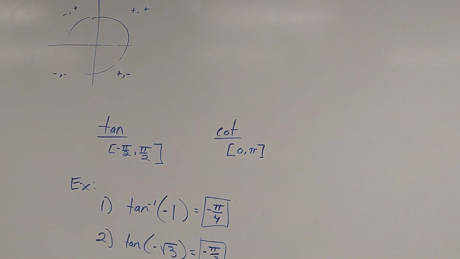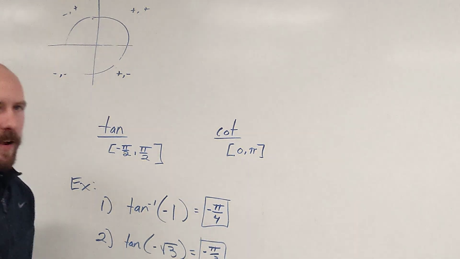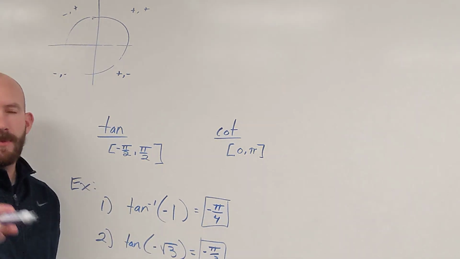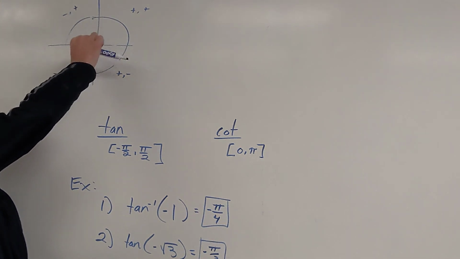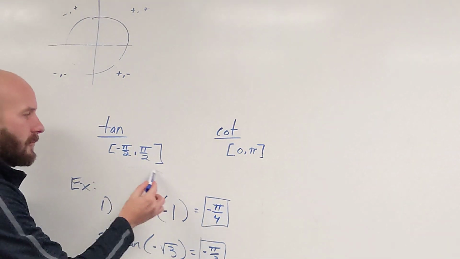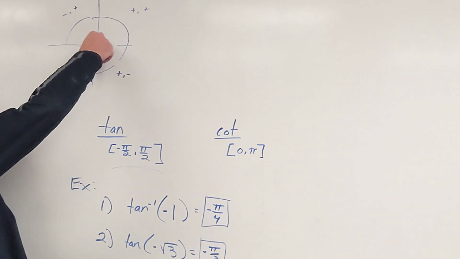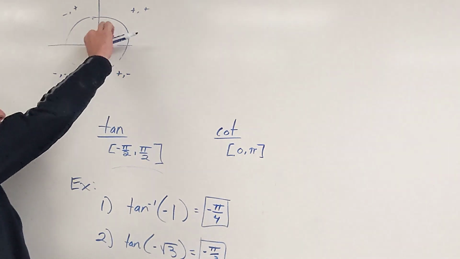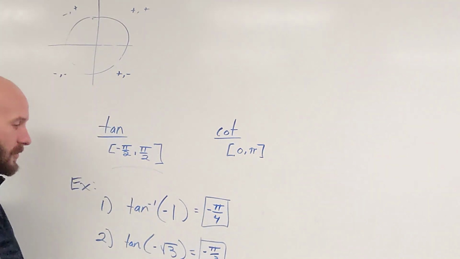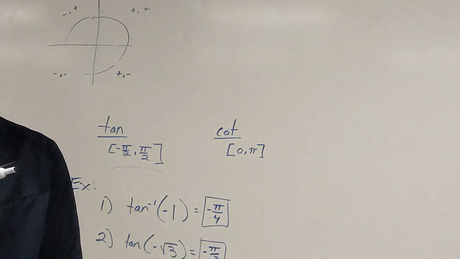Negative pi over 2? 2 pi? Okay, you're correct with pi or 2 pi, but those are all outside of the interval that we're restricted to. I want from negative pi over 2 to positive pi over 2, and you're telling me pi or 2 pi. 2 pi is 0. So it's just 0. For tangent, it does.